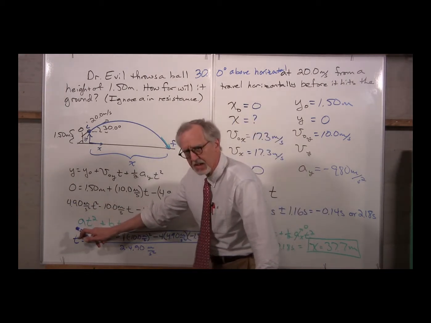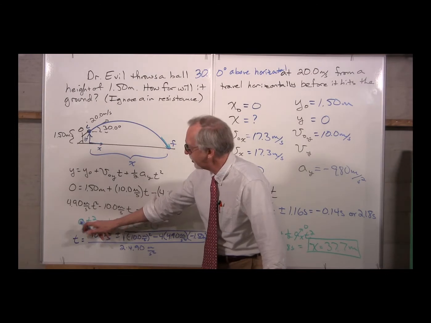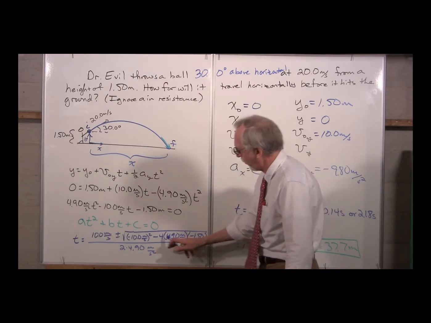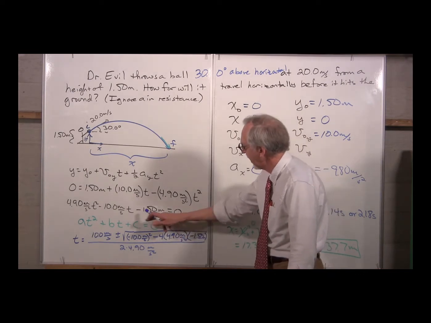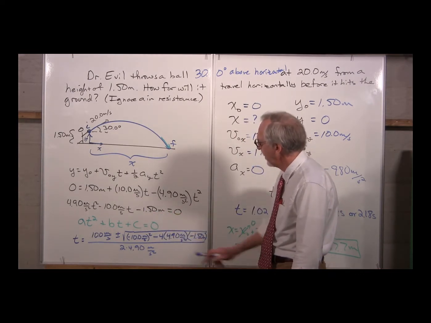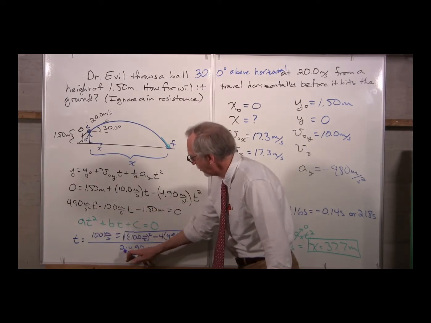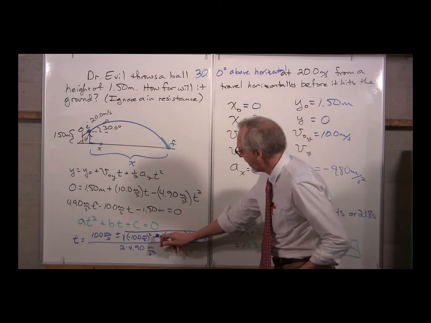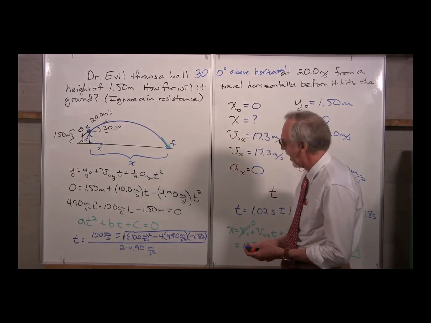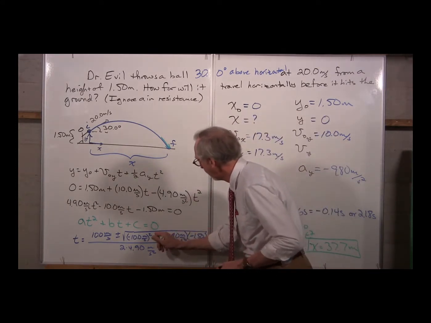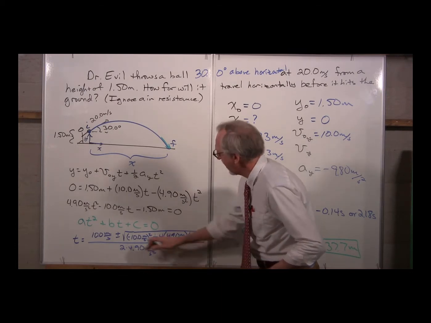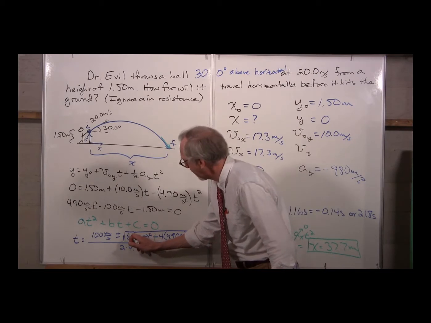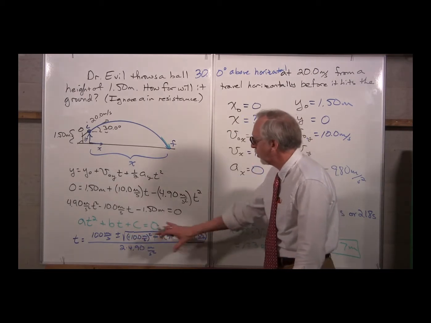Don't think of this as the acceleration, it's just the coefficient in the quadratic, times 4.9 times 4ac, c is negative 1.5, there we go, all over 2a, or 2 times 4.9 meters per second squared. Notice we've got a minus and a minus here, so that becomes positive. And we have a negative 10 squared, that's a negative times a negative, so that becomes positive. There we go. So we can work all that through.